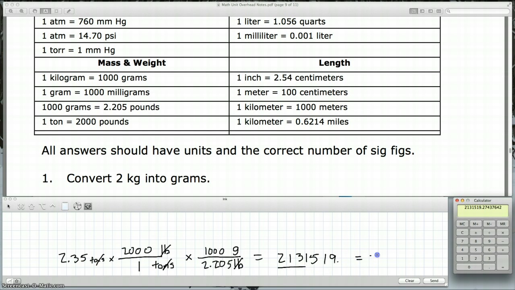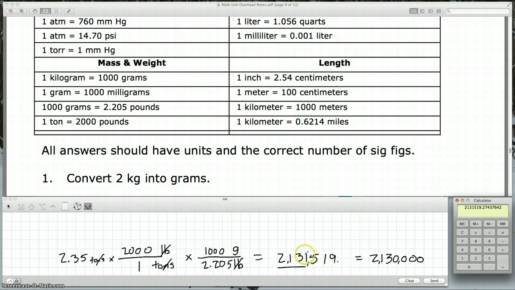So, 213, but it's not 213. It's 2,131,000. So I got to fill in with zeros to make sure, actually I need one more 0, that it's still the same number.